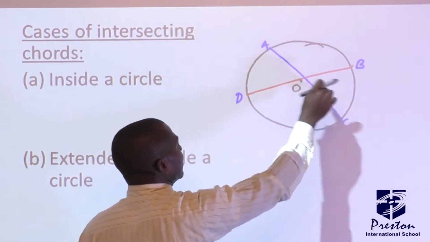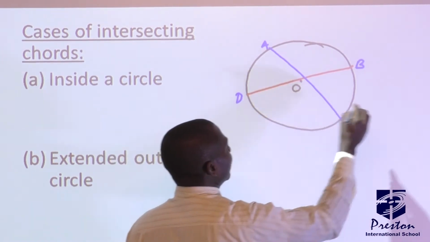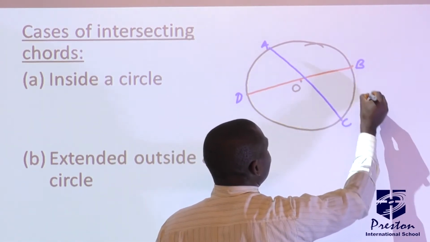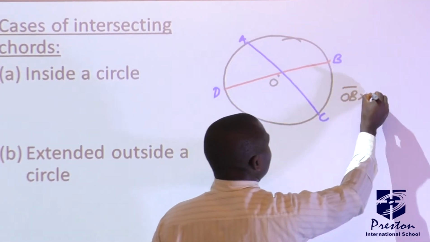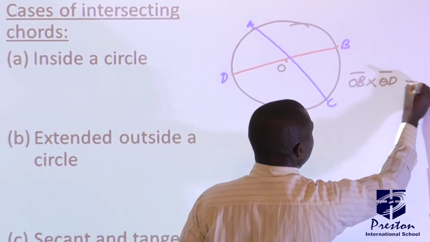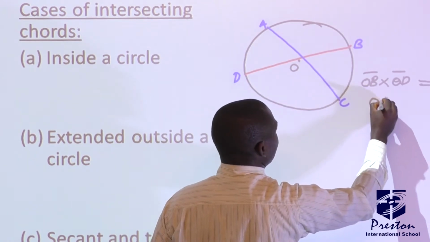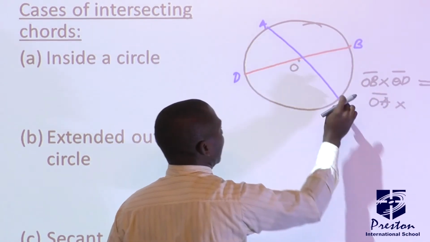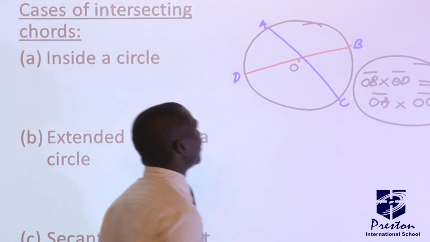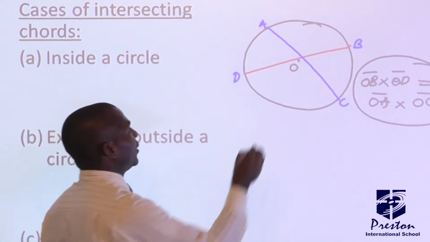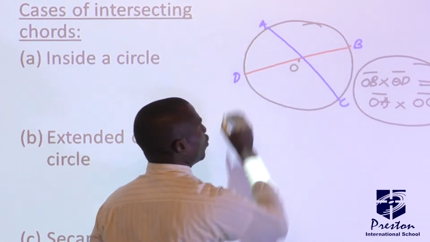Now, if you have two intersecting chords inside the circle, what you need to do is the length OB times the length OD is equal to the length OA times the length OC. That's the first condition for inside a circle. OA times OC is the same thing as OB times OD.